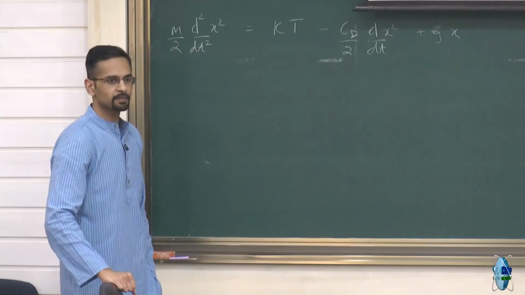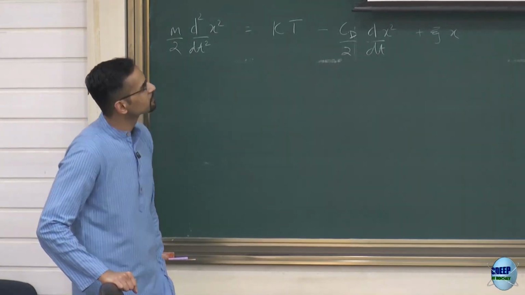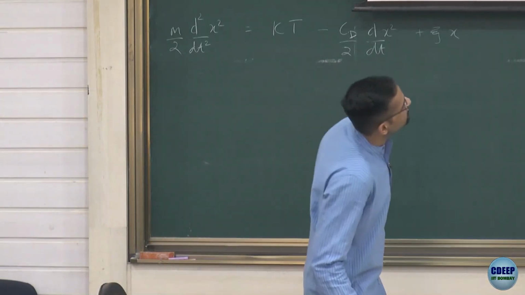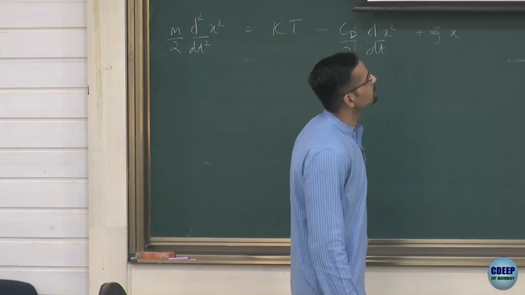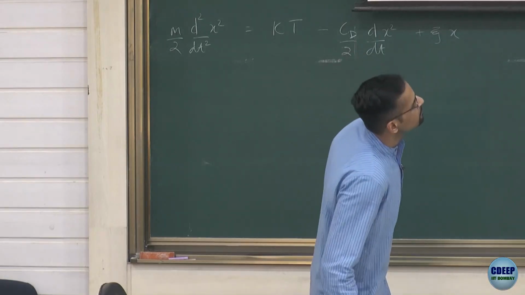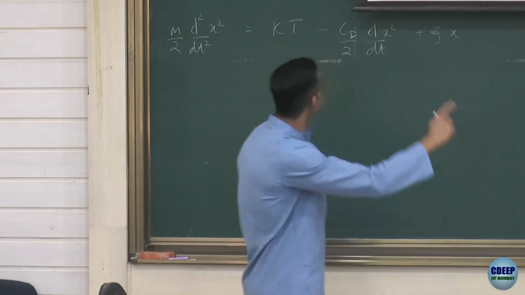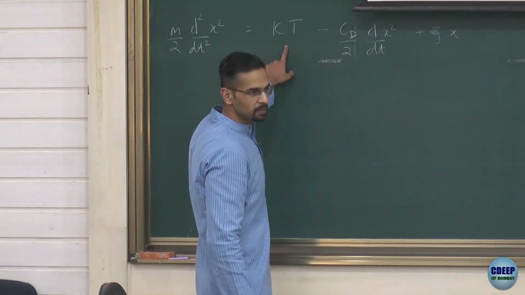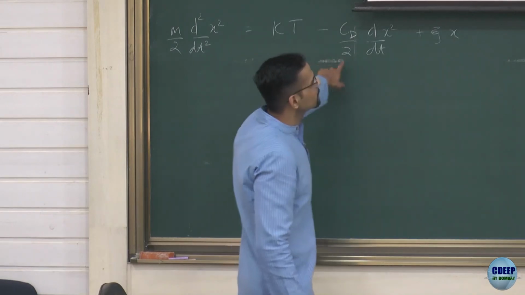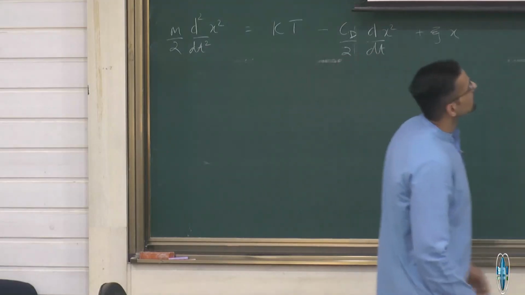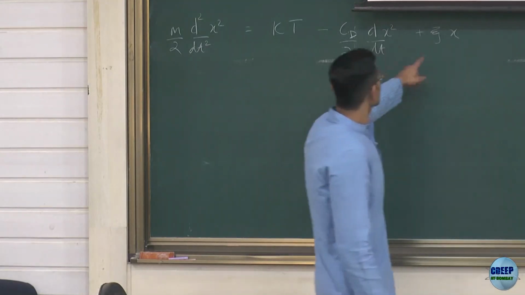Is that okay? Yeah, so the minus mv I took to the other side and it became plus mv, which is kT, and then I have minus c_d d by dt of x square with the 2 factor and this.